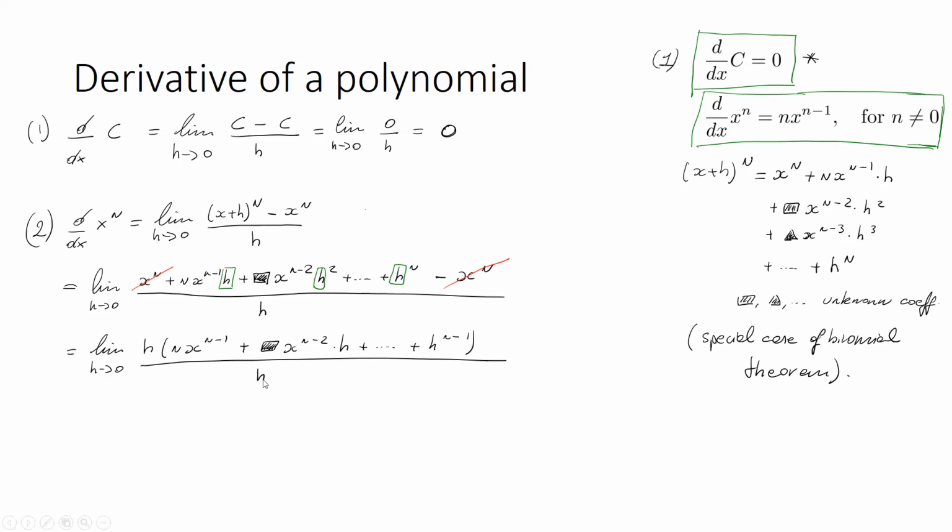Now you see the next calculation that we can do, the cancellation: the h here and here cancel, and we're left with the terms between parentheses. Now again, look at where the h's appear. There's an h here, there are going to be h's here, and there's an h here. That's important. But here, there's going to be no h.